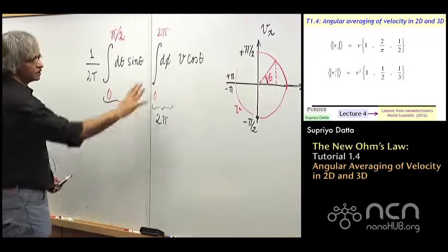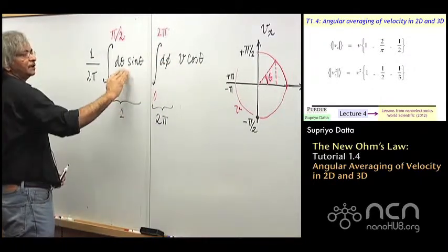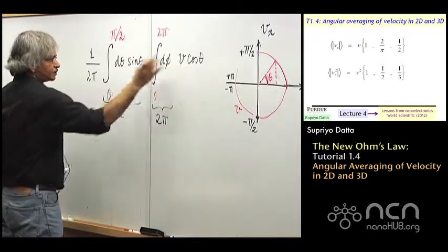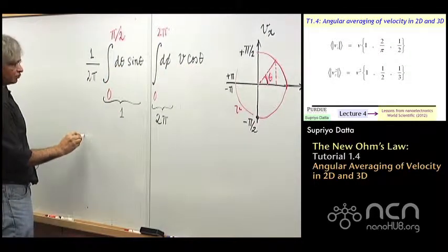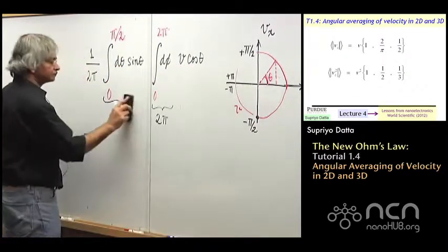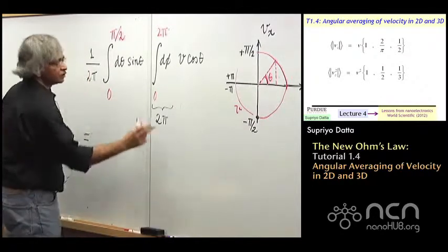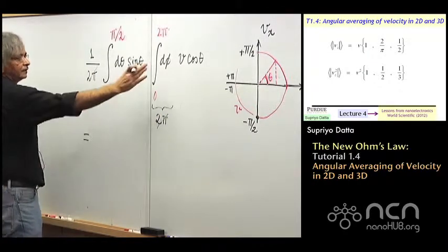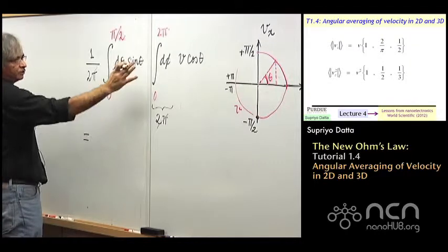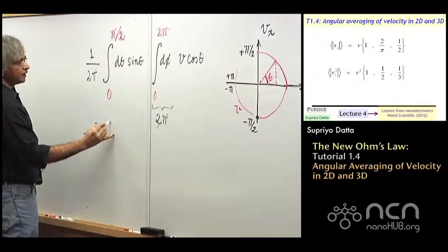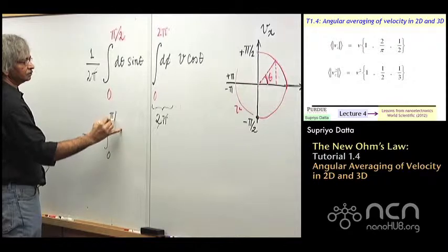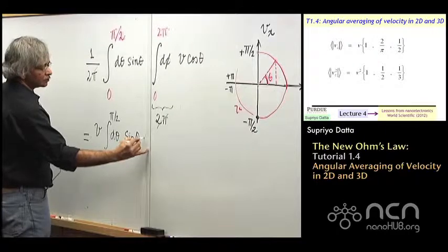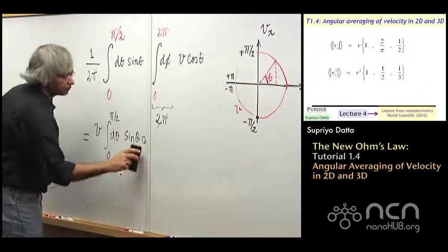So really we are trying to average V cosine theta. Now if you do this integral, you see nothing depends on phi, so this part will still give you 2 pi. But then this cosine theta we have to pull over to this side. So this 2 pi cancels that, and that takes care of this much. Then we are left with the rest of it, which is V integral 0 to pi over 2 d theta sine theta cosine theta.